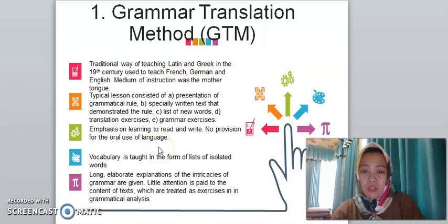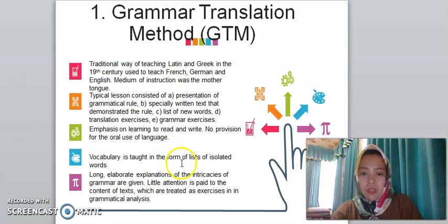It's a very conventional method because the teacher only presents a grammatical rule, a list of new words, translation exercises, and grammar exercises. So that's the learning of language at the time.